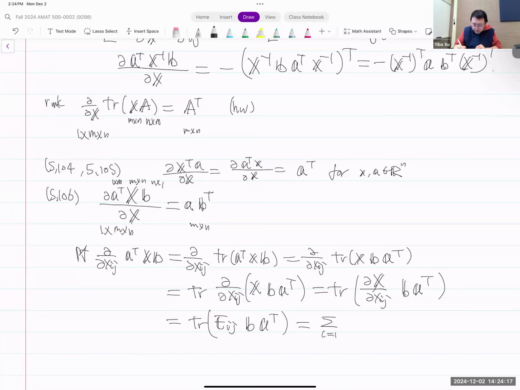So X is n by n. So this is n by n. This is n by n. N by m. So C goes from 1 through m. Row C of EIJ.